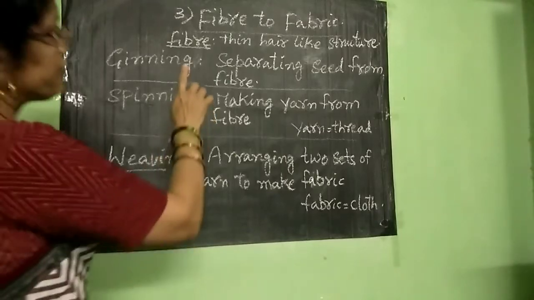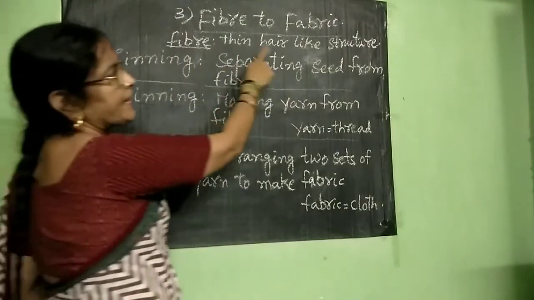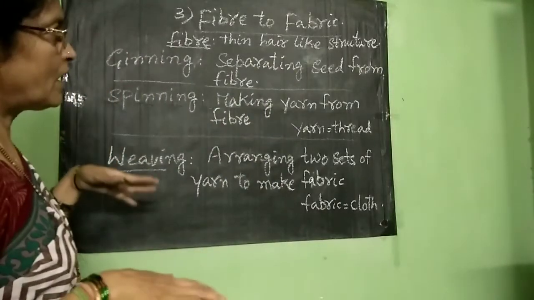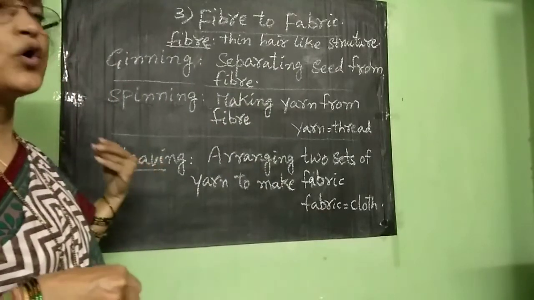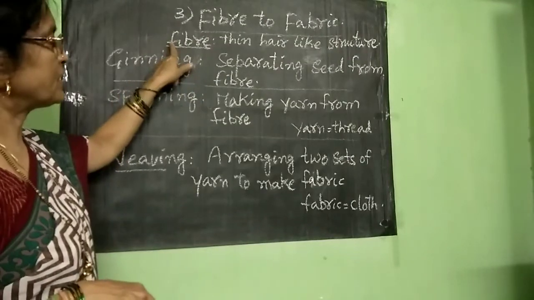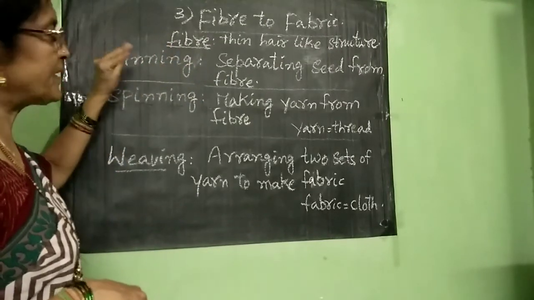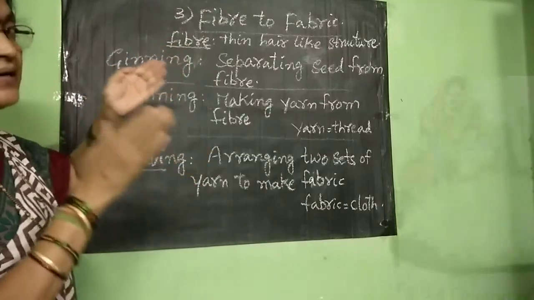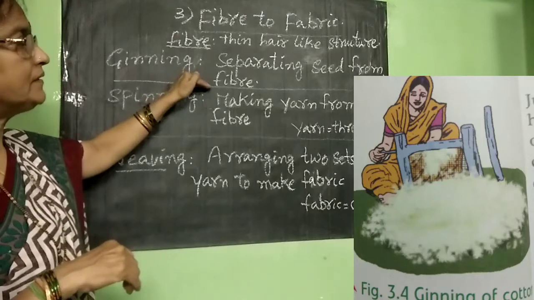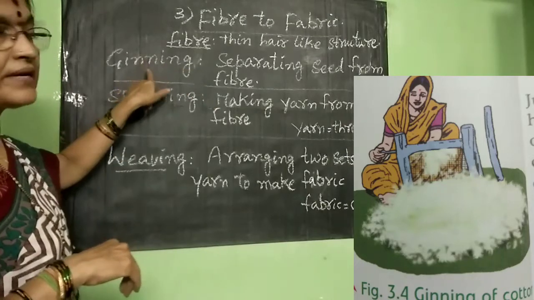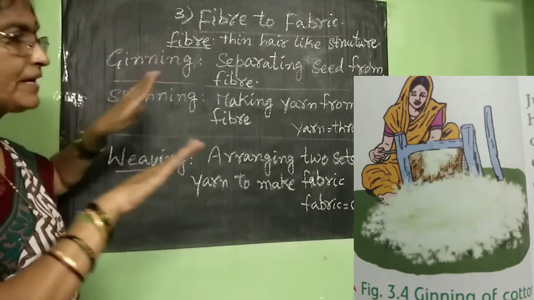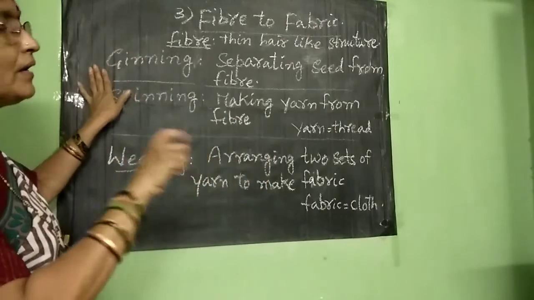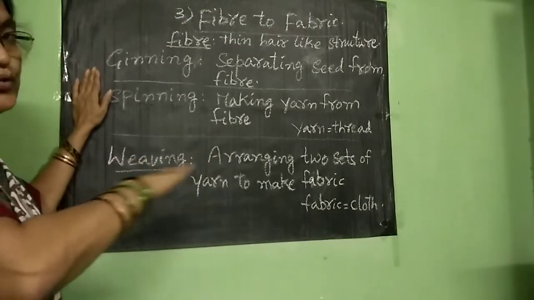Now, coming to the definition, what is fiber? Thin hair-like structure of cotton or wool or coir or jute is called fiber. Then, in cotton, separating the seeds and fiber is called ginning. After ginning, they will keep it aside and do combing to soften it.